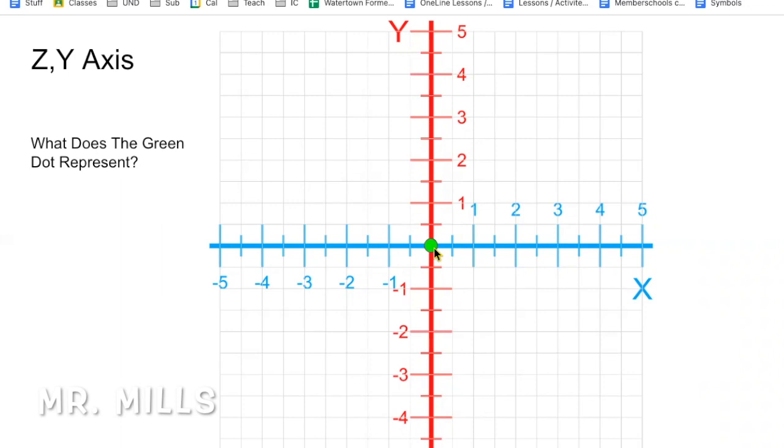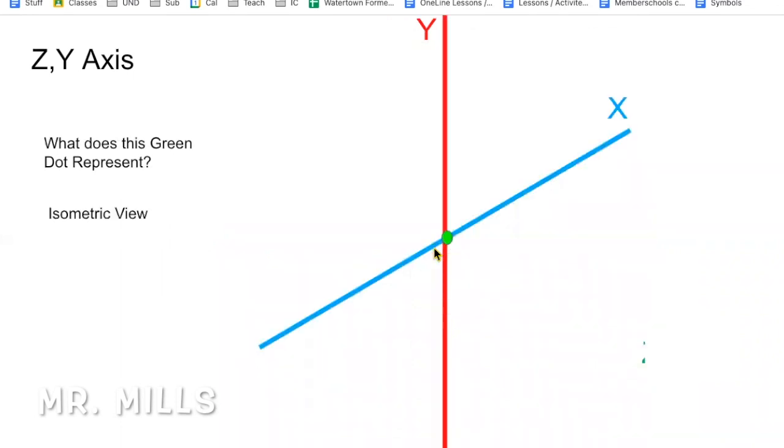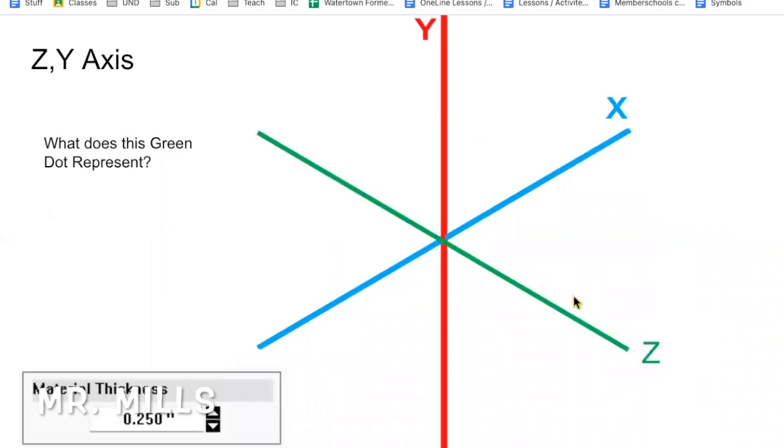Well, if we rotate this over a little bit into an isometric view, so that we're looking at it from the side, this dot would represent our z-axis. On some of our machines, it may not ask specifically for an x and y or a z coordinate, but we would have something that looks like a box where we would dial in the thickness of our material.